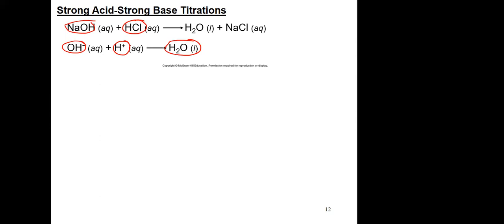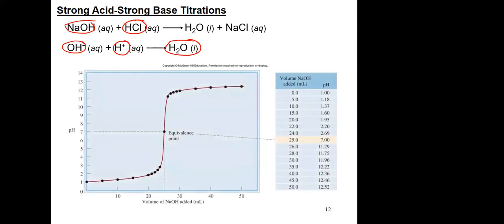And if you look at the equivalence point that we have, this is what it says. What can you say about the equivalence point? Look at the pH. It's neutral.